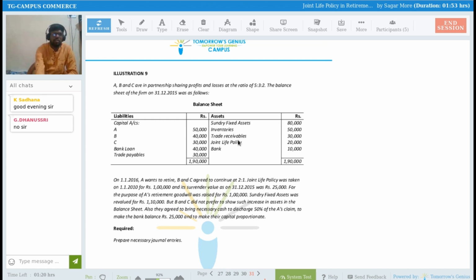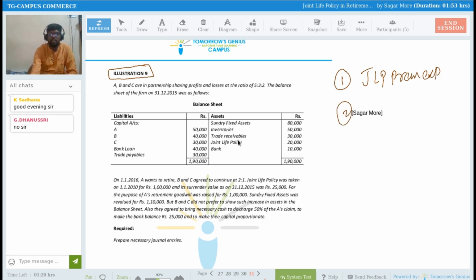Okay. Just read this question and tell me which kind of method they are following here. First we understood treating joint life policy premium as expenses. Then they are treating it as an asset, right?